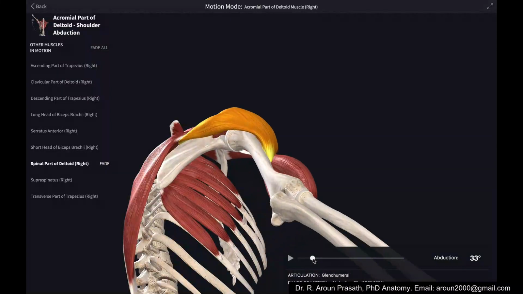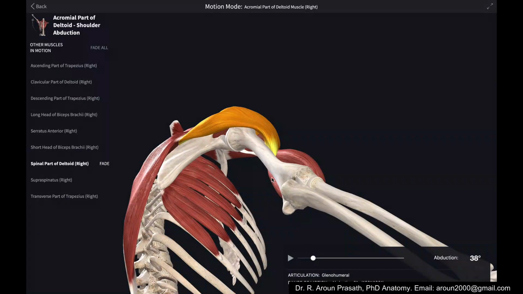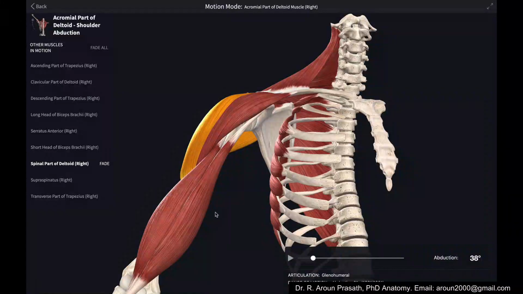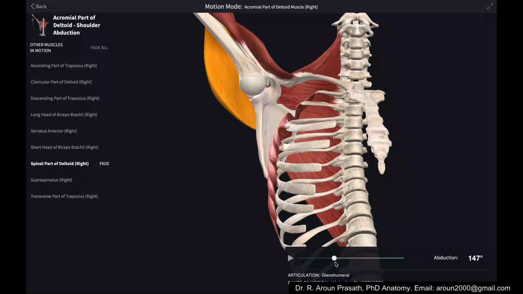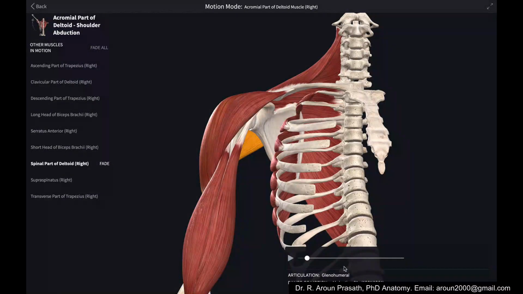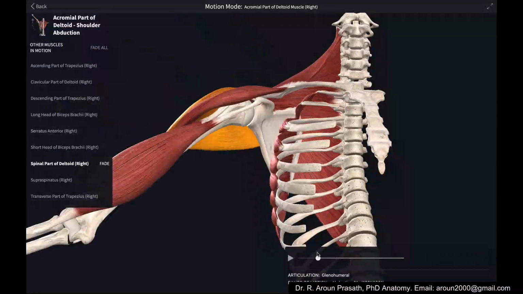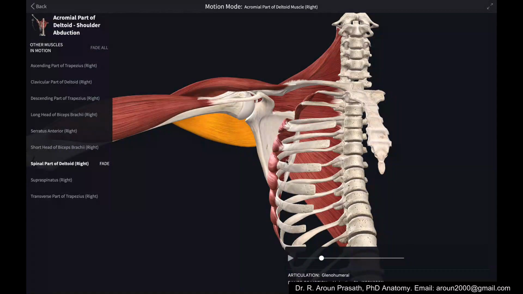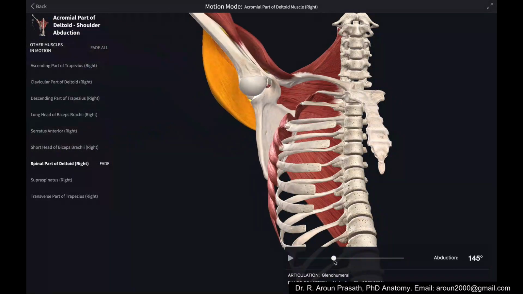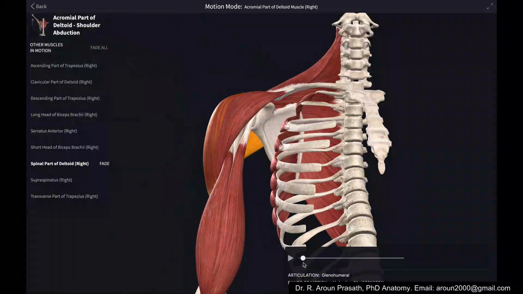Till now, this is 45 degrees, the movement is taking place in the glenohumeral joint. From now the movement is taking place between the scapula and the thoracic wall, that is the movement that is taking place in the scapulothoracic joint.